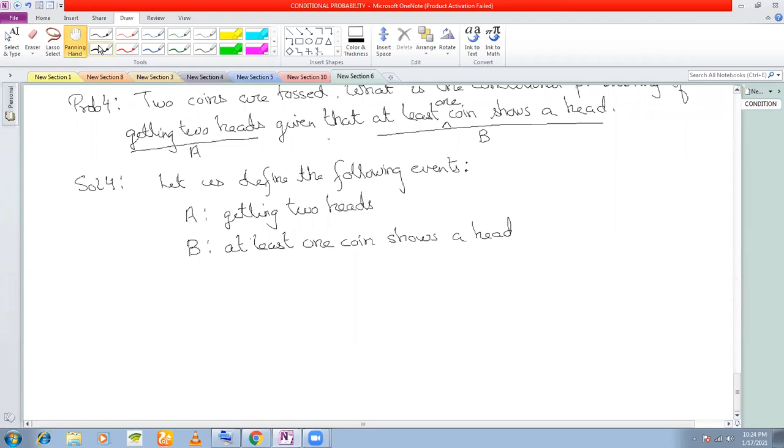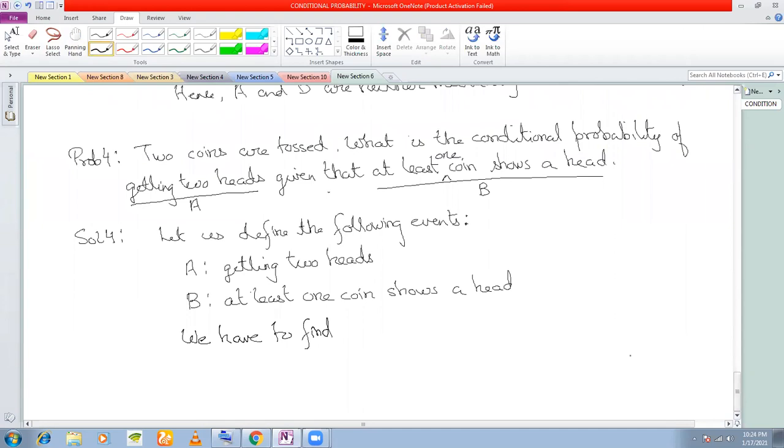Now let's see what we have to find out. Read the question once again: what is the conditional probability of getting two heads? What is the event two heads? A. Given that, see this word given here? Because of this given word, we have a slash.